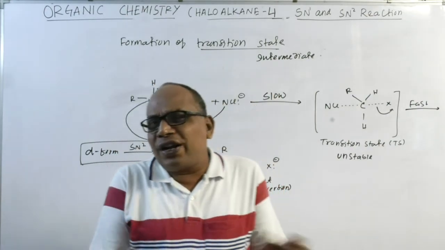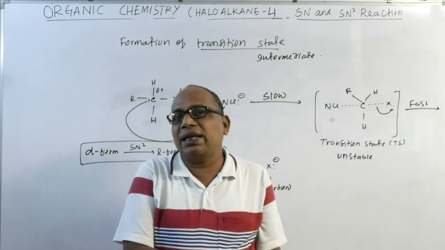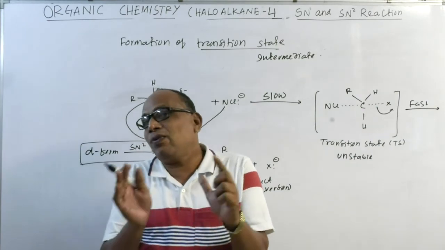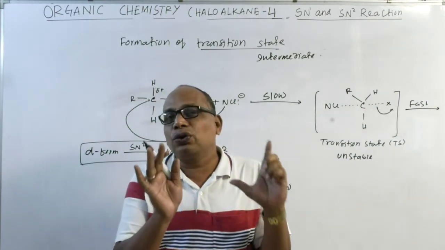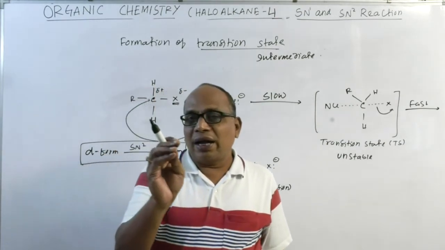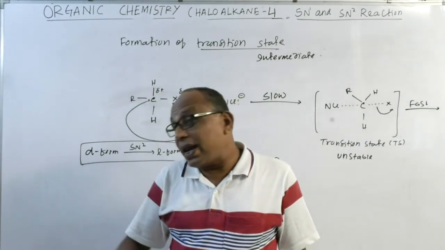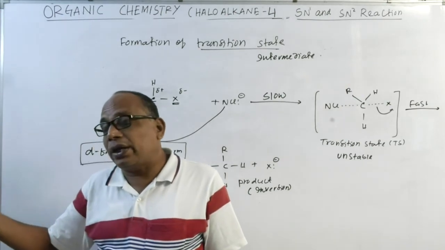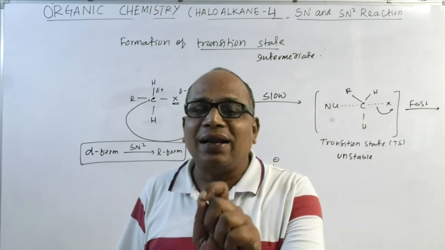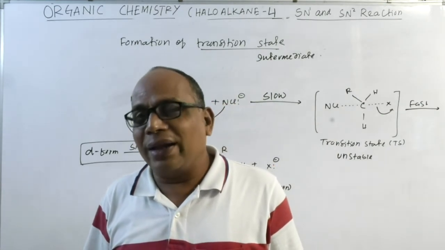Okay, can you differentiate between the SN1 reaction and SN2 reaction? What is the difference? The SN1 reaction is always shown by tertiary alkyl halide, benzylic halide, or allylic halide, whereas the SN2 reaction is always shown by primary alkyl halide. Why?